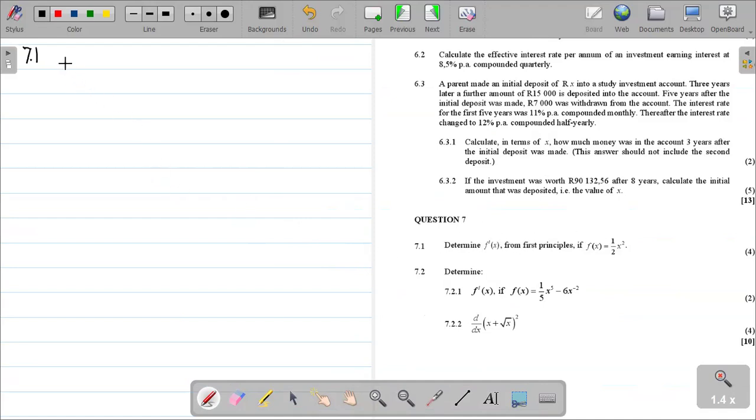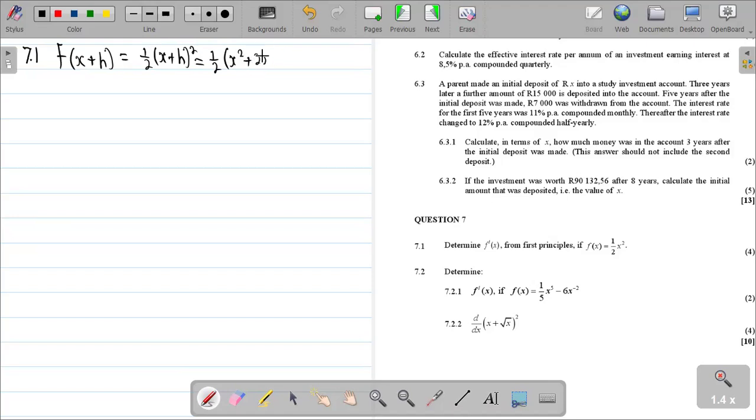So f of x plus h here will be equal to 1 over 2 times x plus h squared.